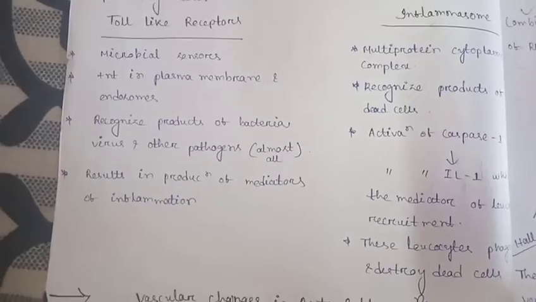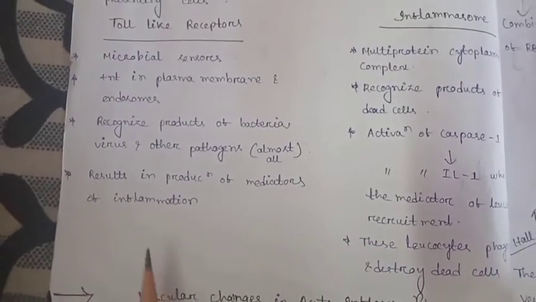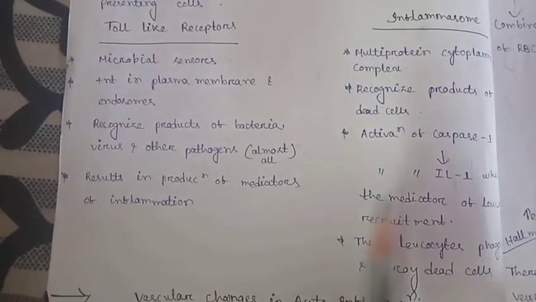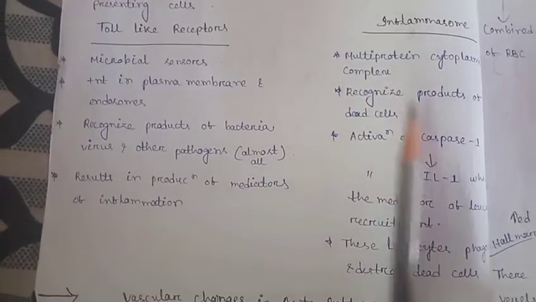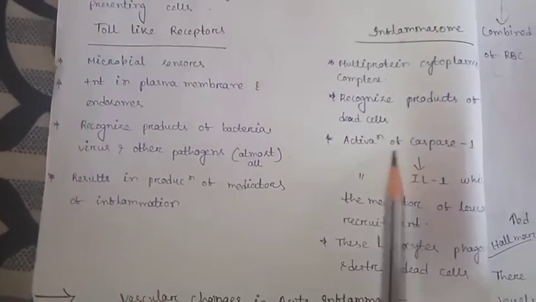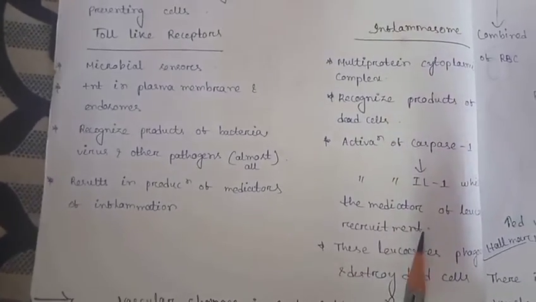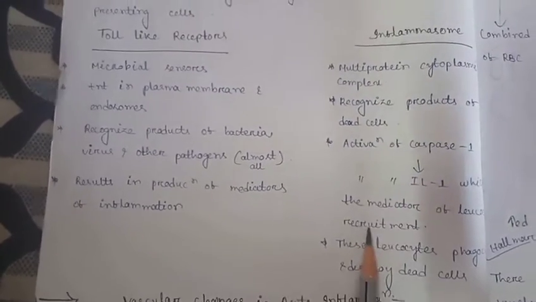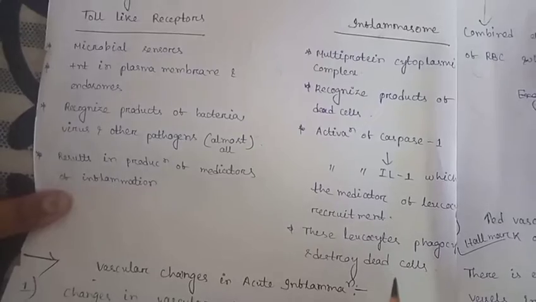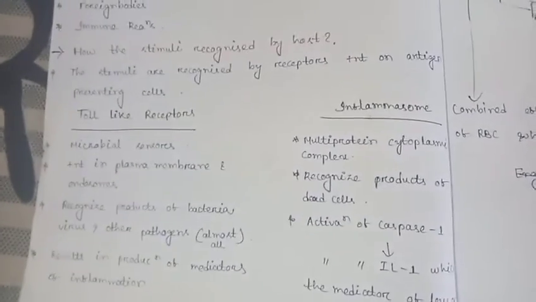Then it results in production of mediators of inflammation, whereas inflammasomes activate caspase 1, which in turn activates interleukin 1, the mediator of leukocyte recruitment. These leukocytes phagocytose and destroy the dead cells. And this is how the stimuli are recognized by the receptors.